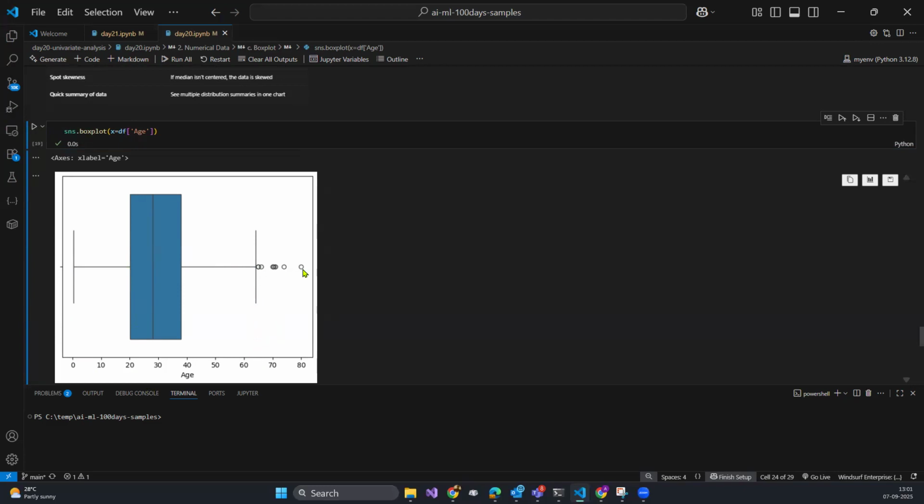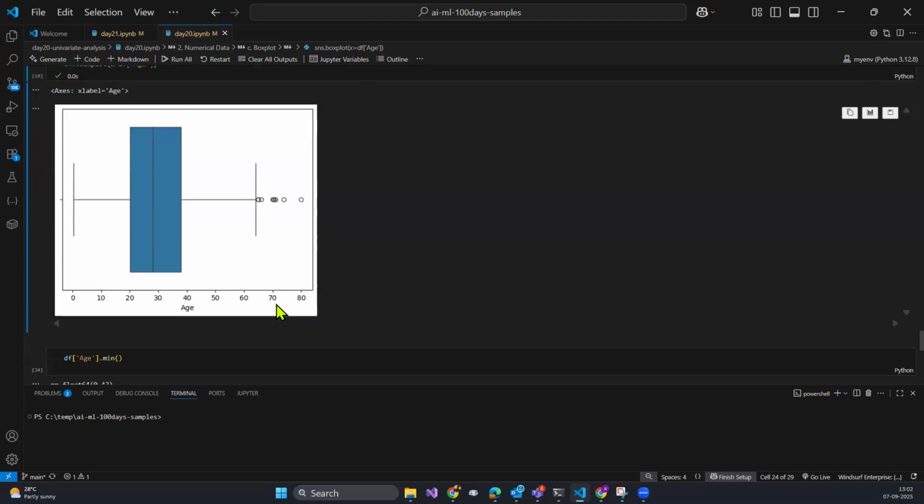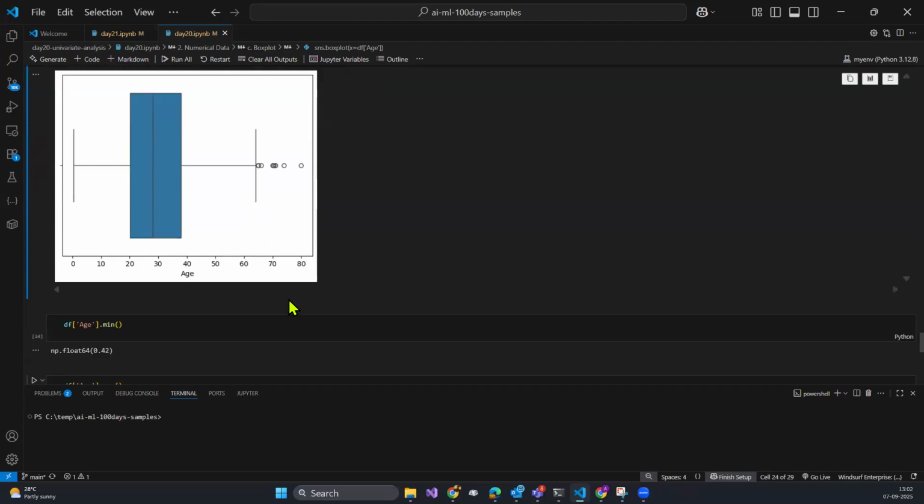Outside of that, we are seeing 80 and so on. It will not have that much impact on our decision makers, so this can be neglected, or if we include this data, it can bring skewness into our calculation. So with this, we can find the outliers.